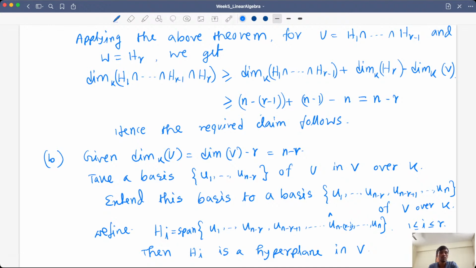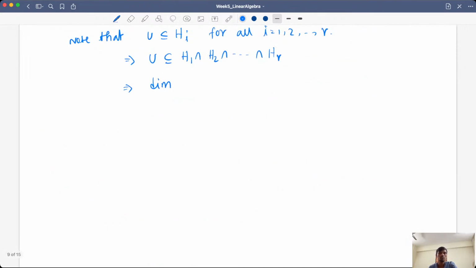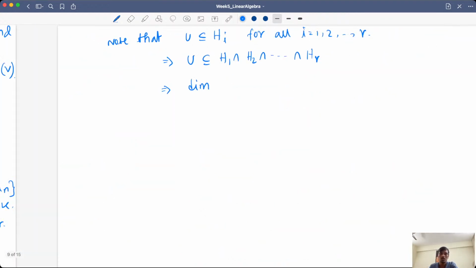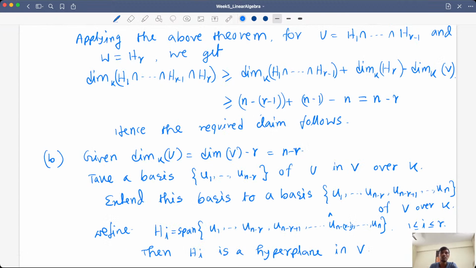But note that u1 to u_{n-r}, these all belong here, but none of the other vectors, u_{n-r+1} through un, belongs here, because at least one Hi does not contain that vector, right?